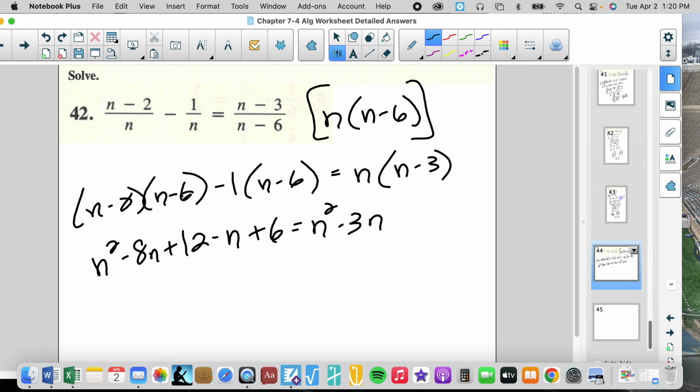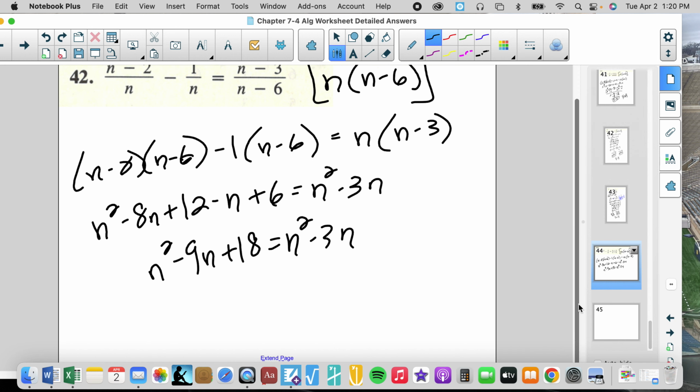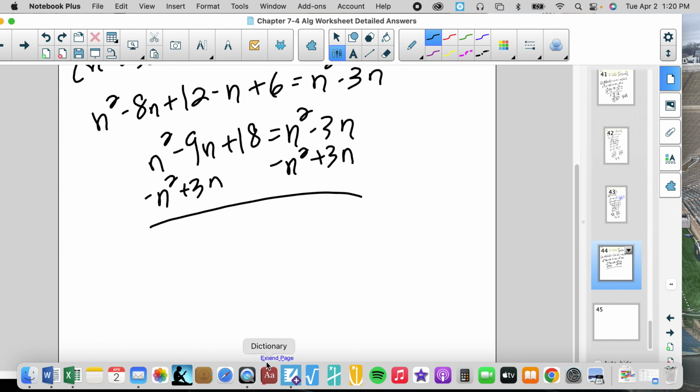We're going to simplify. n squared minus 9n plus 18 equals n squared minus 3n. We're going to move the n squares over. We're going to move the 3n over. And that gives us 6n plus 18 equals 0.